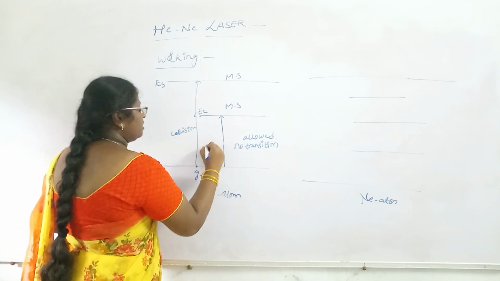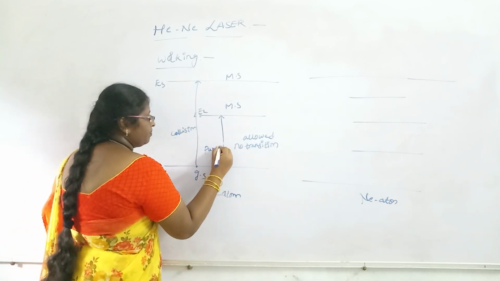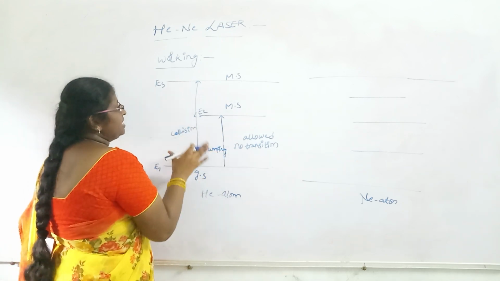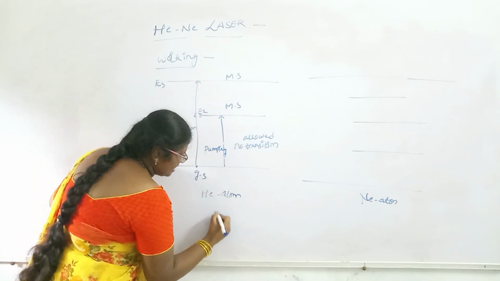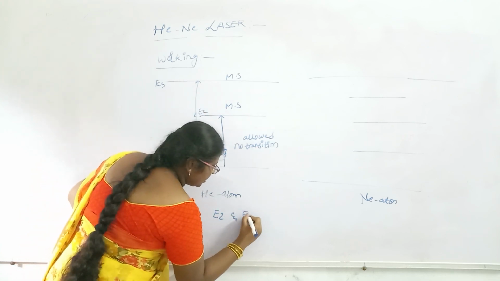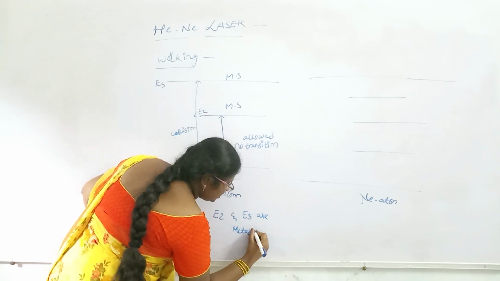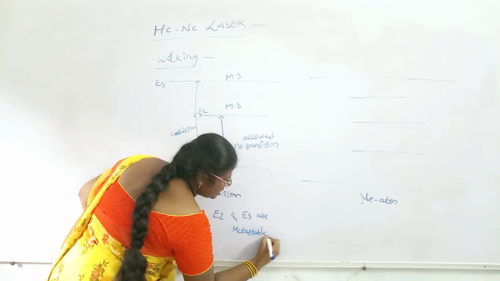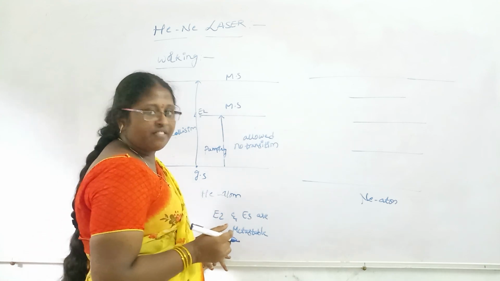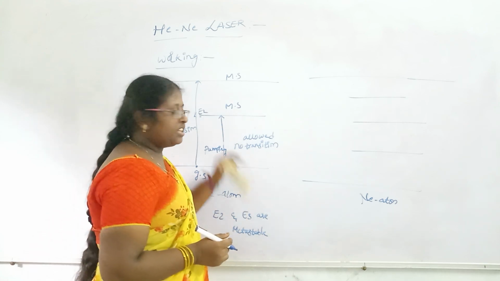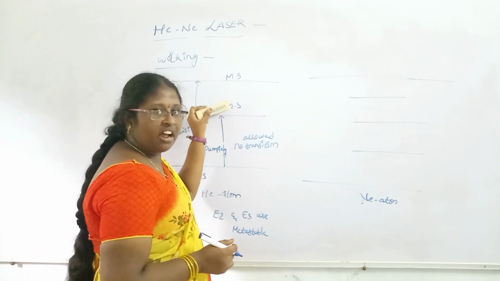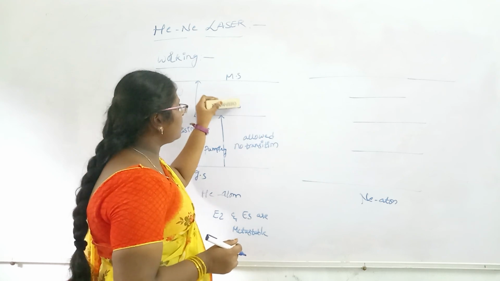These two states are called E2 and E3, the metastable states. Metastable state means the atoms have a longer lifetime. In this state, many atoms remain for a longer lifetime.